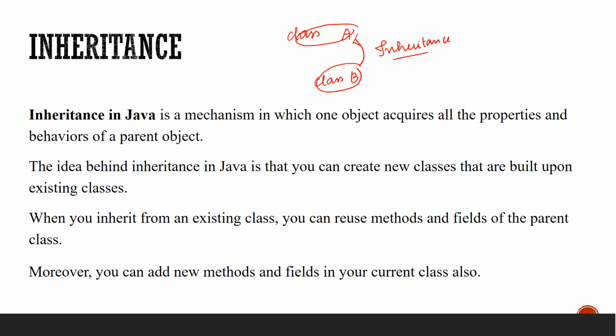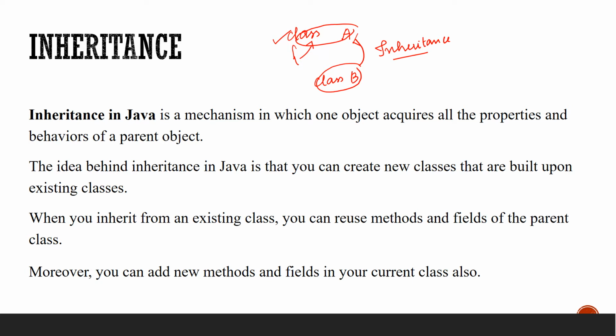Once you have created these classes and assigned some properties and methods for them, you can create as many classes as you want with the help of inheritance. When I say it with an example, you'll understand it better. For now, keep in your mind that acquiring properties from another class is called inheritance.